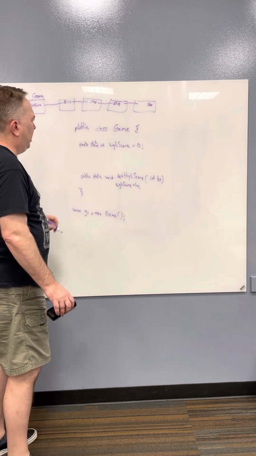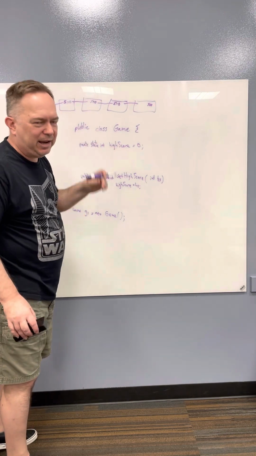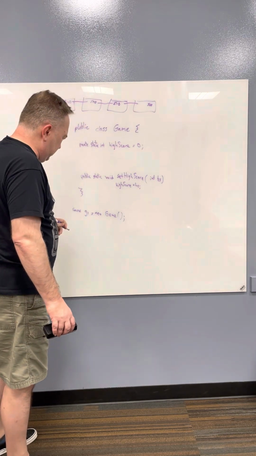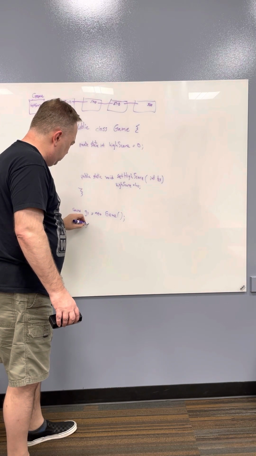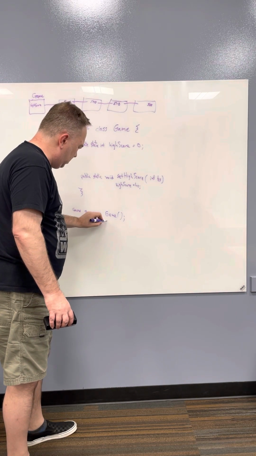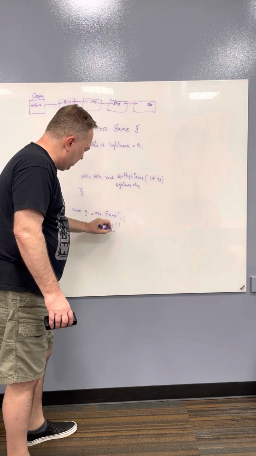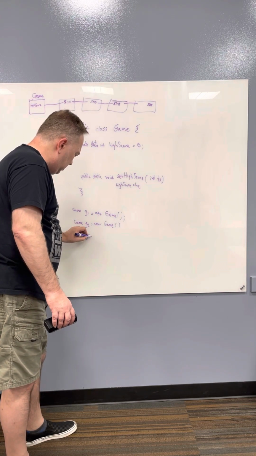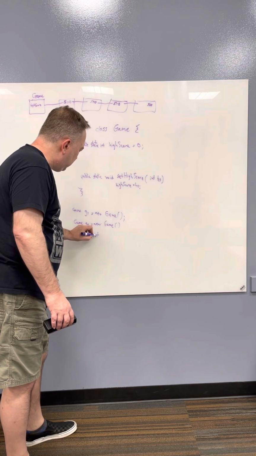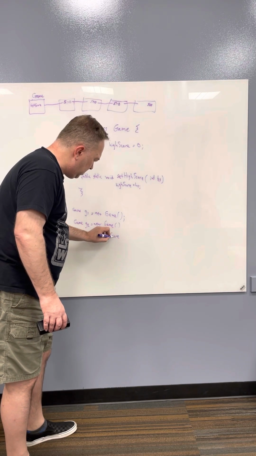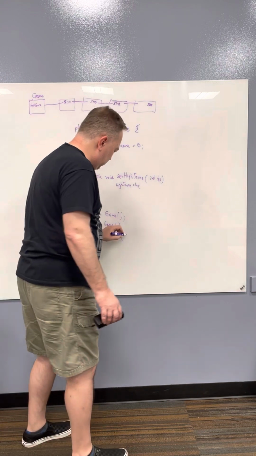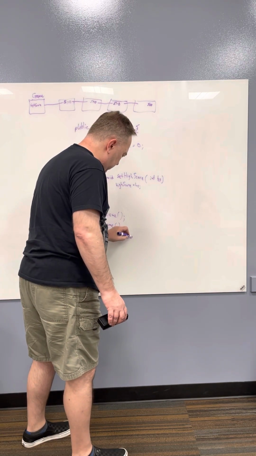I don't have a constructor in here, but imagine I have one. Game g2 is equal to new Game. I can say g2.setHighScore(300).